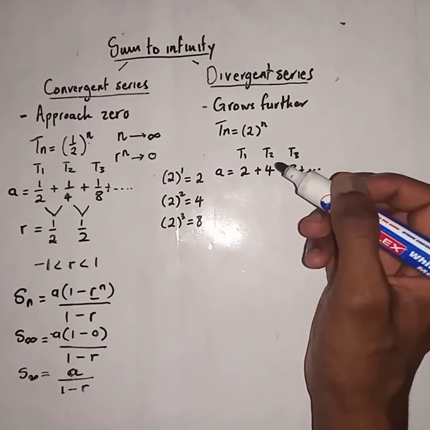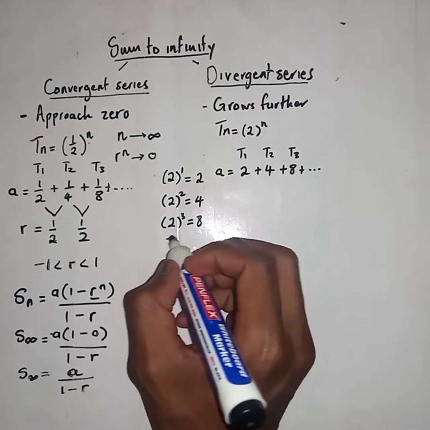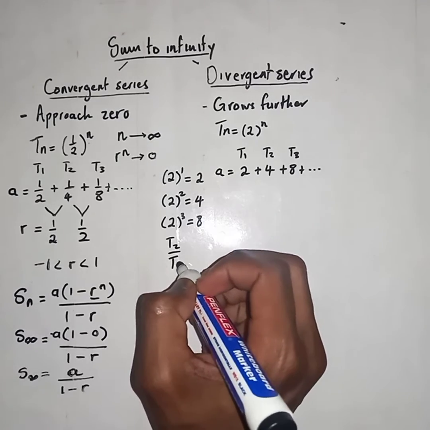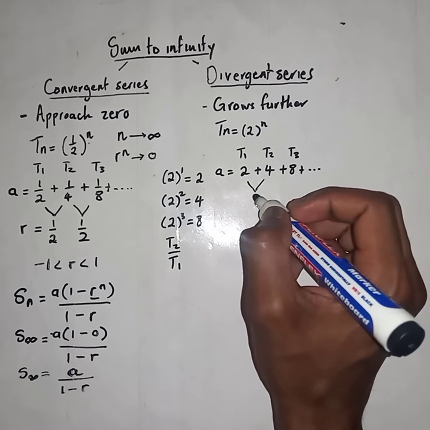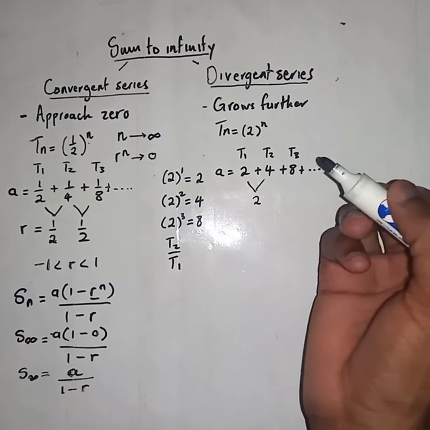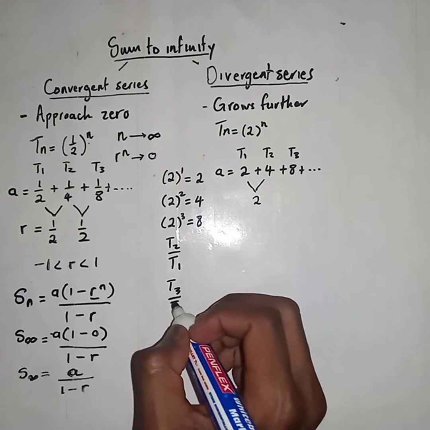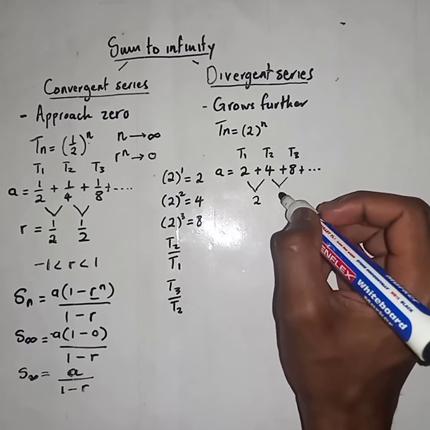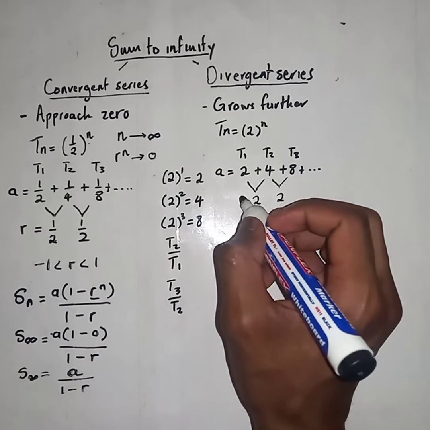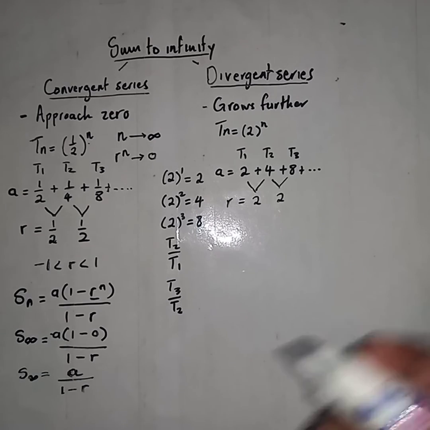If we were to determine the value of r, we do the same by saying t2 divided by t1. I'm going to get 2. Same applies if I take term 3 divided by term 2, 8 divided by 4. Still going to get 2, which is my r in this case.